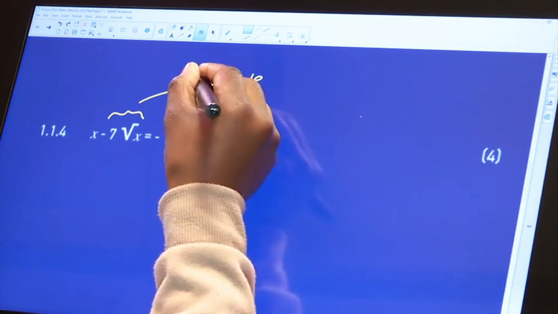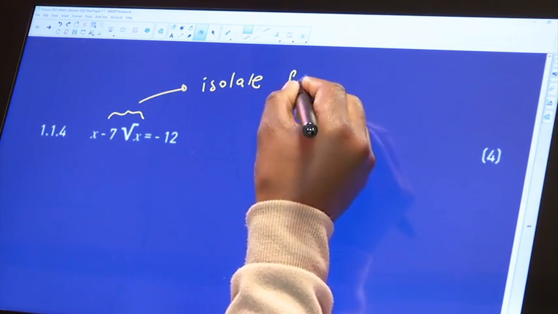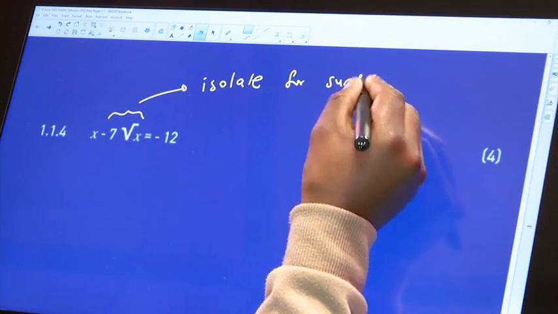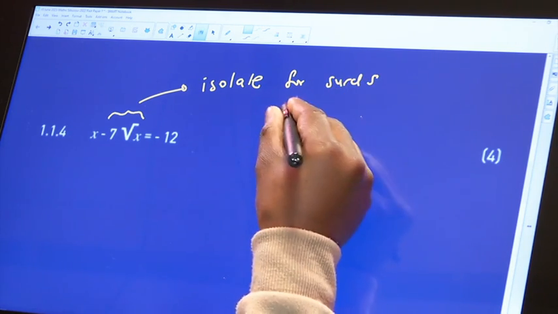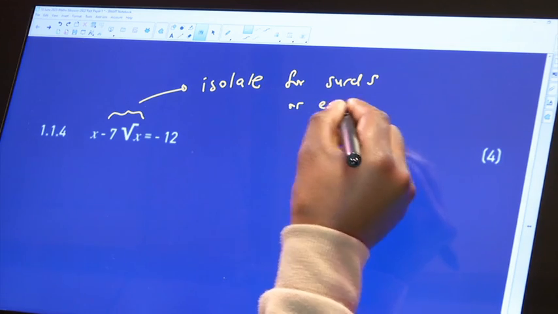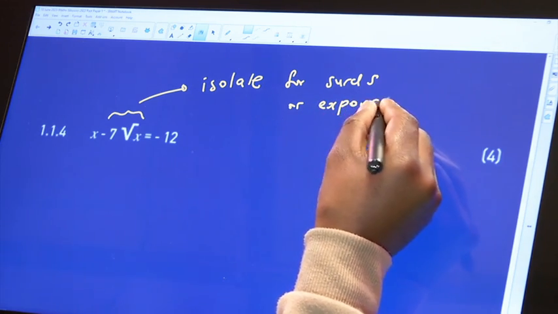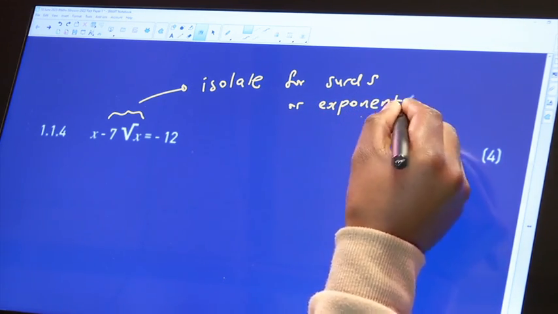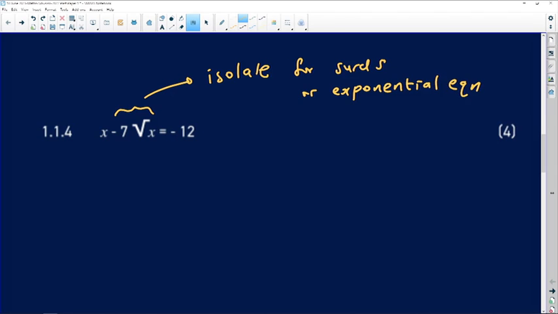So you isolate this, and this is true for surds, and it's also true for exponents, okay? When you're dealing with surds or you're dealing with exponential equations, always make sure that you isolate that particular term, that is the exponent or the surd.